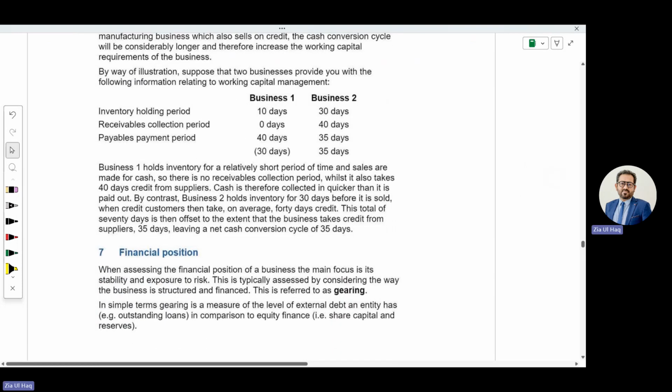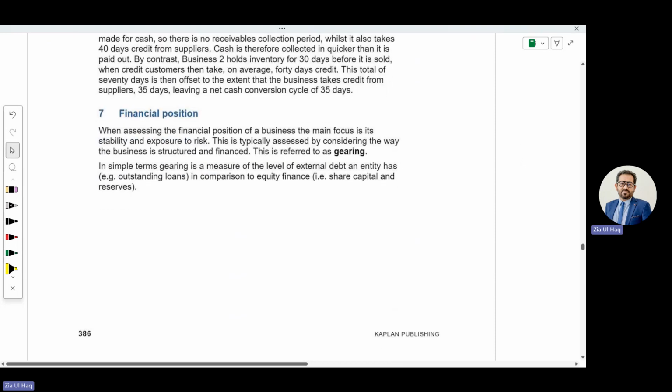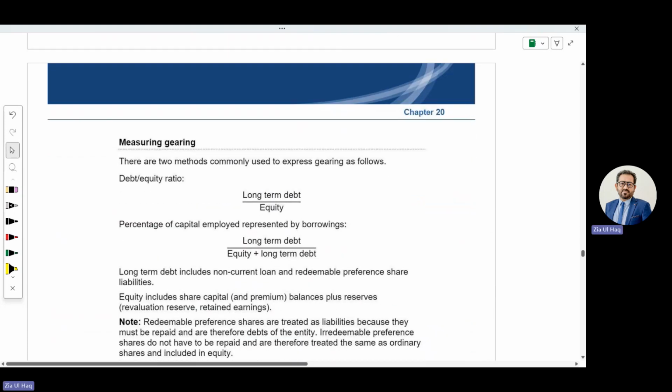So we have learned profitability ratios, we have learned efficiency ratios. Now moving towards financial position ratios. There is a ratio called the gearing ratio. There are two formulas to calculate it. One is debt over equity, but the better formula is debt over equity plus debt.